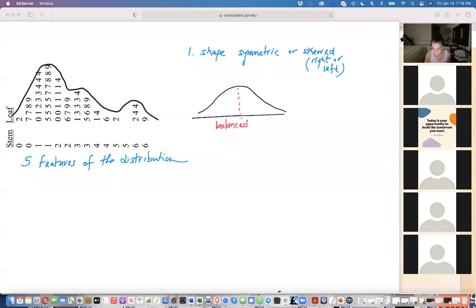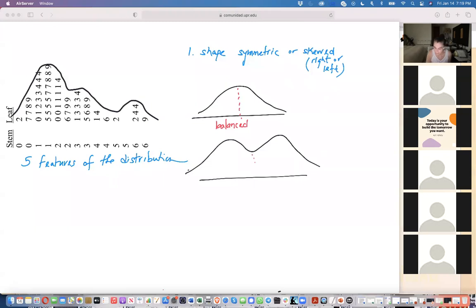This is roughly symmetric too, right? It's hard to get it perfect. So this is roughly symmetric.